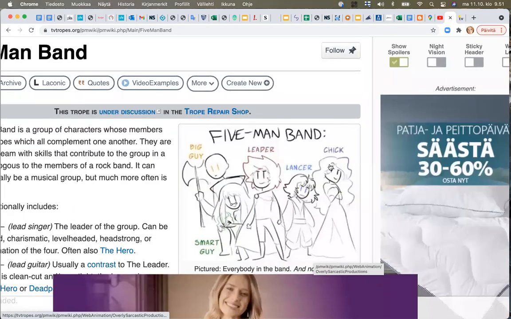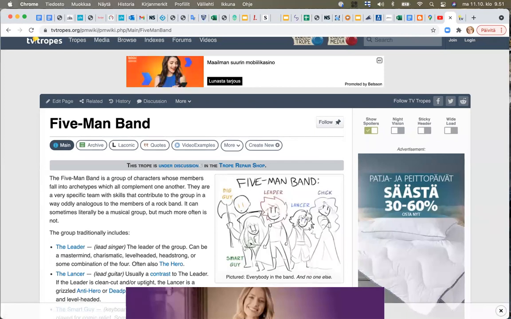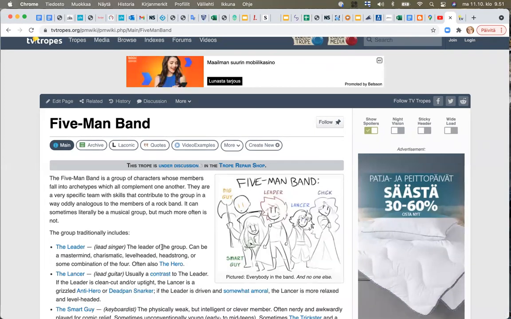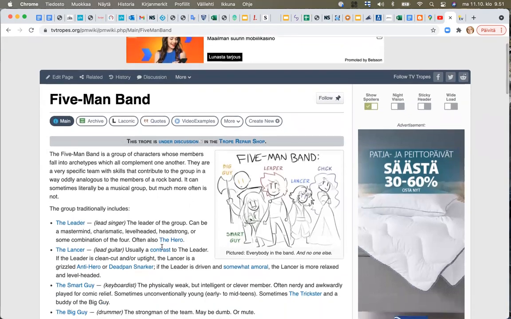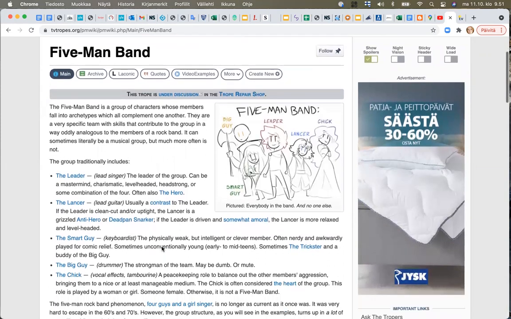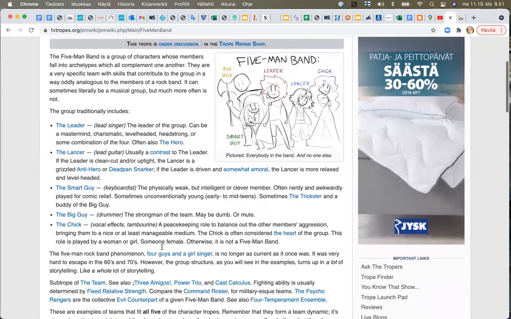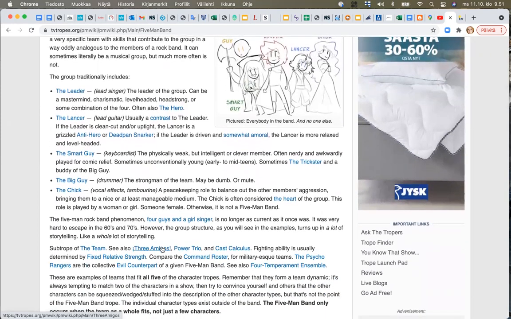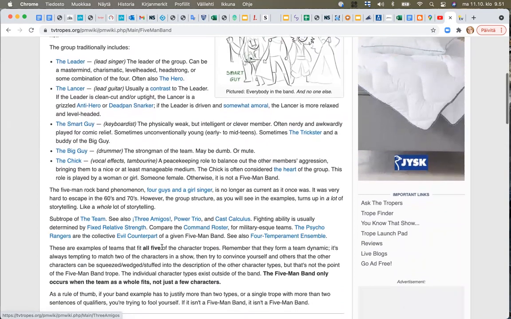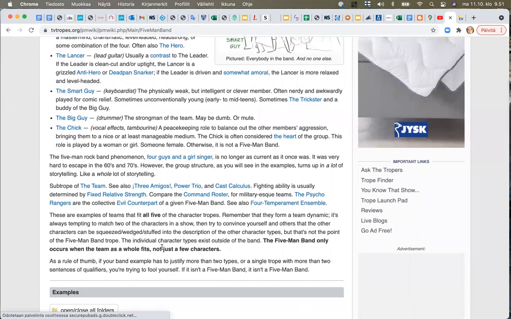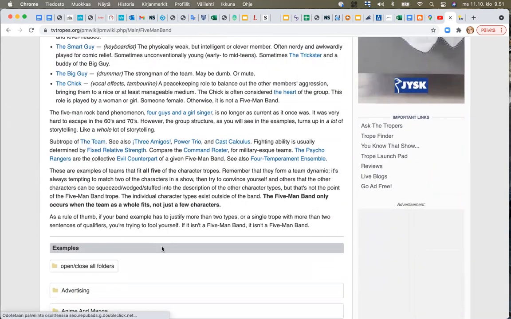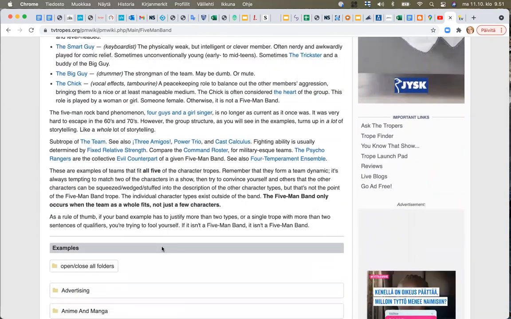And it doesn't have to be a band, and it can be like a group of adventurers, and this might work as described here, or it might not. So I don't actually agree with all of these things here, but the examples are interesting as ever.